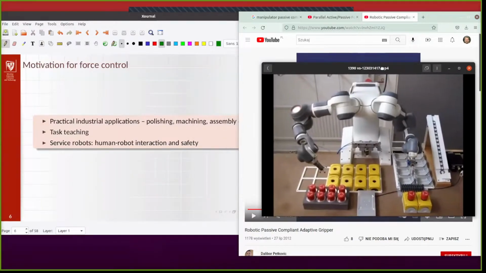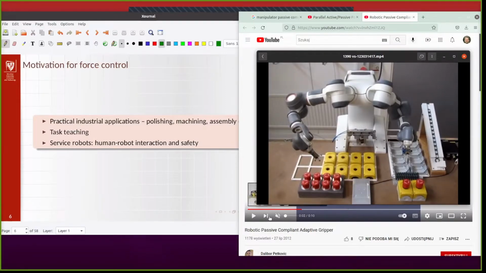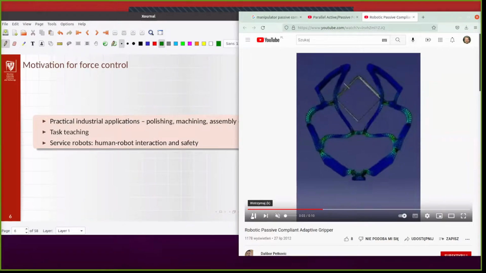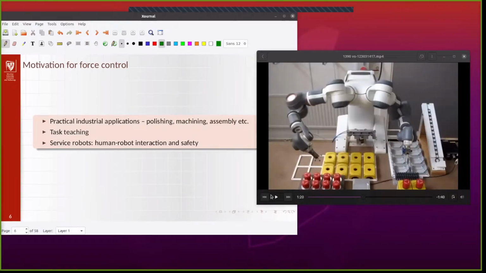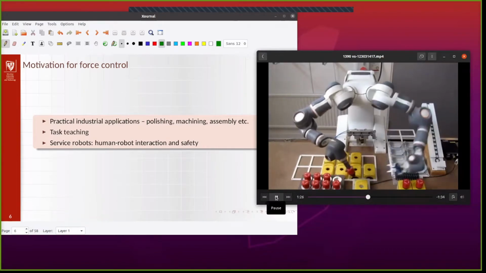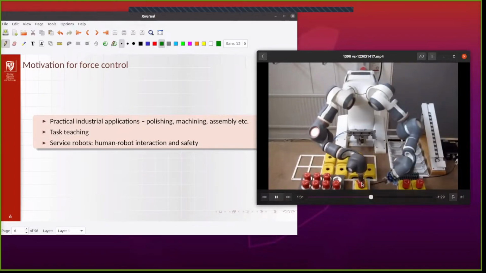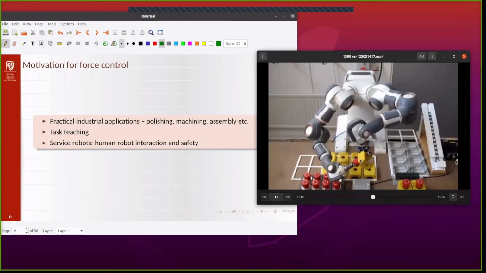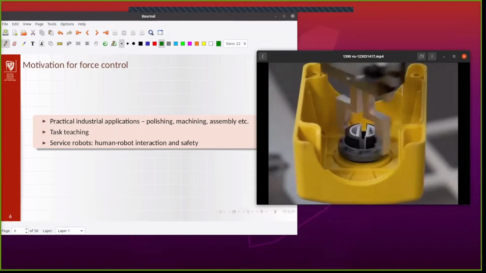We will be also saying about the active force control, and this example you will see in the assembly task. As you will be able to see, when the robot places the button in the box, it in fact applies certain type of the force.